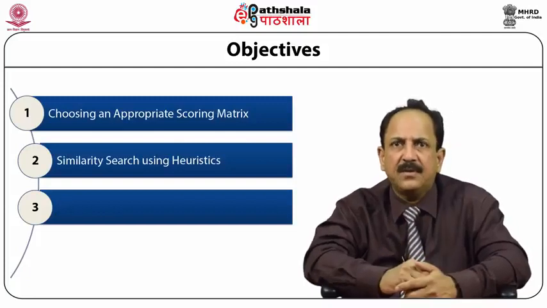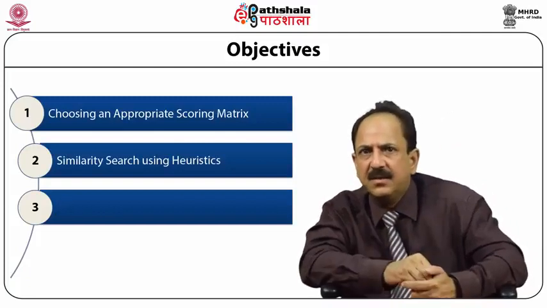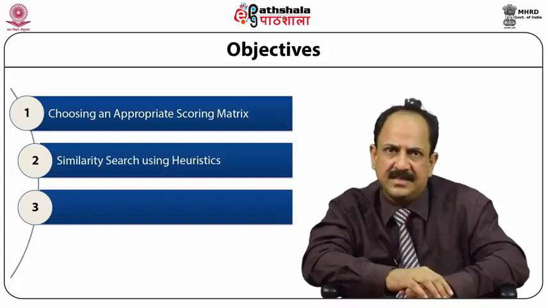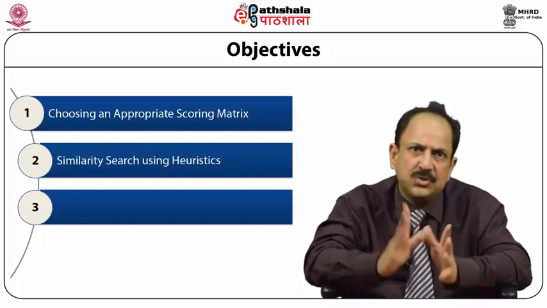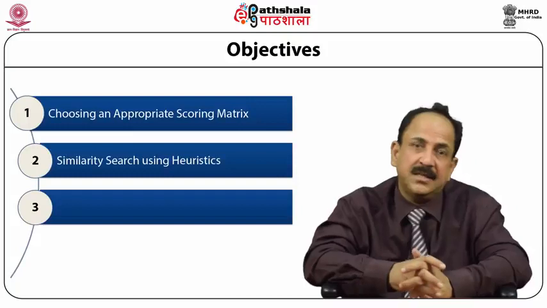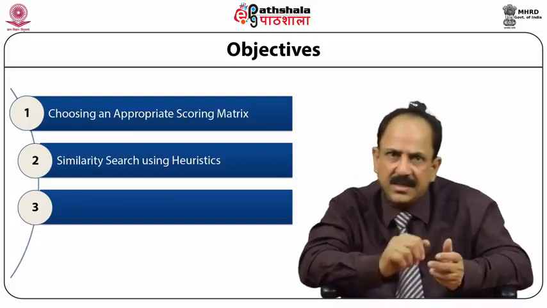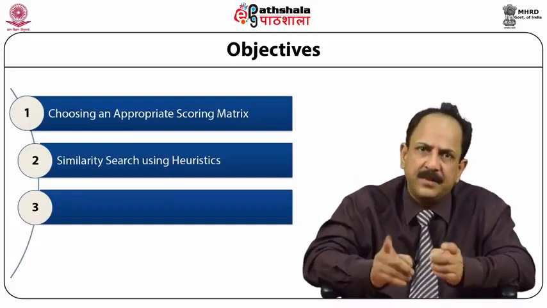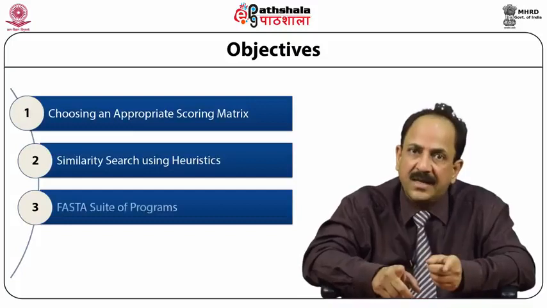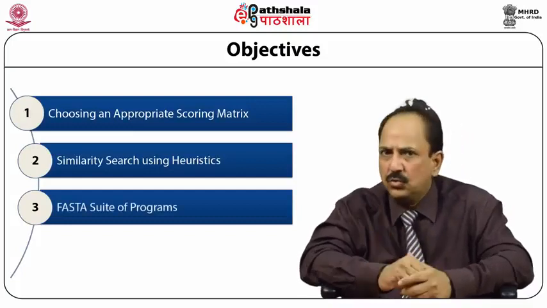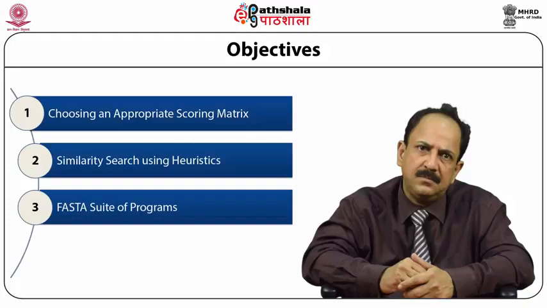These programs first filter the database for selecting only relevant and similar sequences, and then use dynamic programming in the searching process. This heuristic approach has been implemented in the FASTA and BLAST suite of programs.